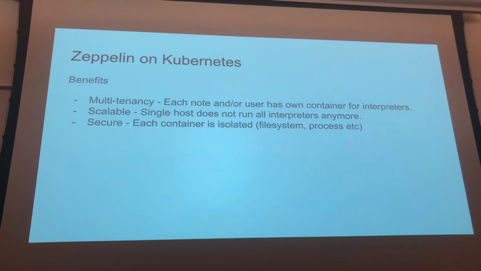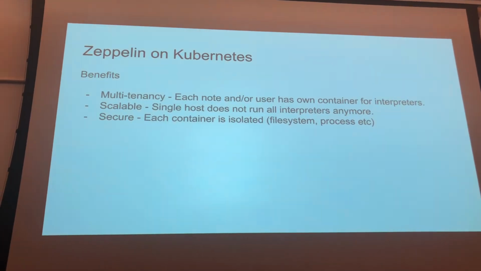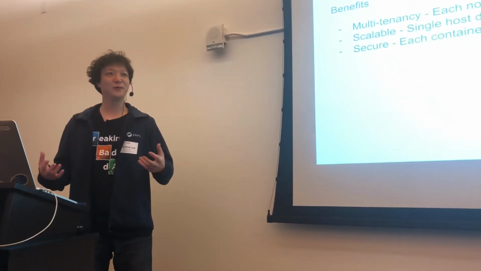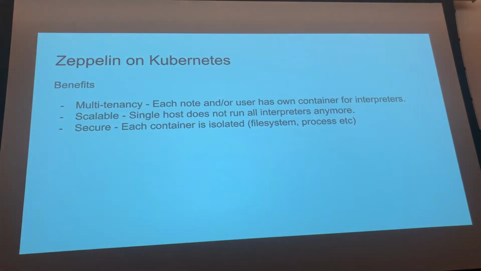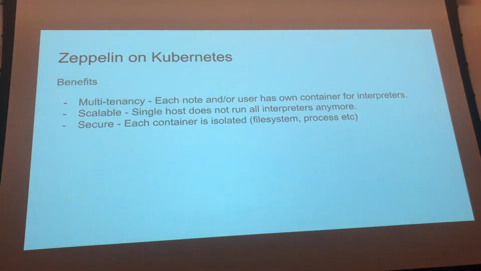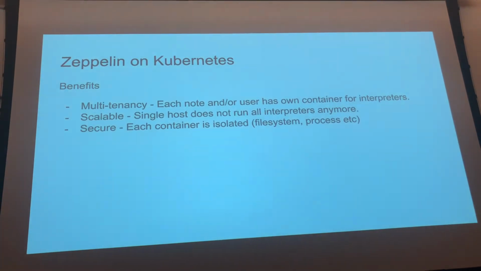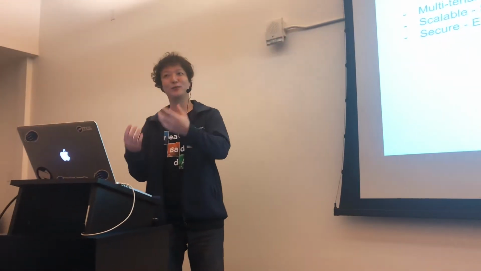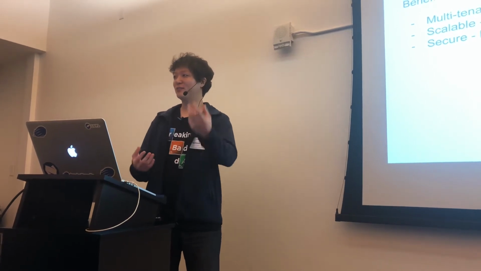One reason why a user may feel it's unstable, or why it is actually unstable, is that all the interpreters are running inside of the same host, and that makes a lot of problems. For example, if you are running a large job, you get an out of memory exception because your single machine's memory is not infinite, but the user doesn't know what the exact cause is. They just feel that a job randomly fails, or sometimes it hangs.